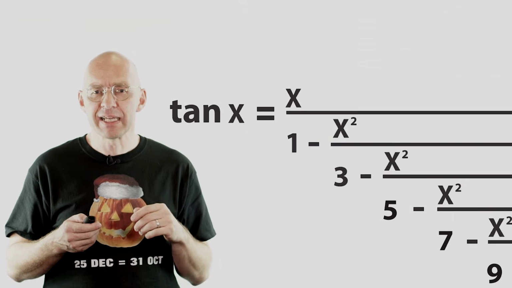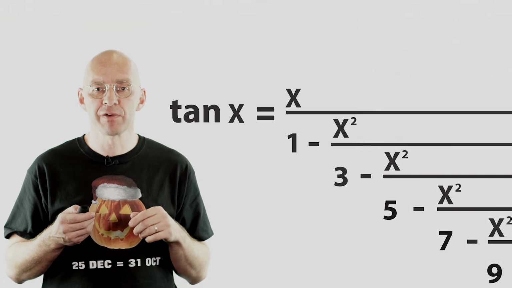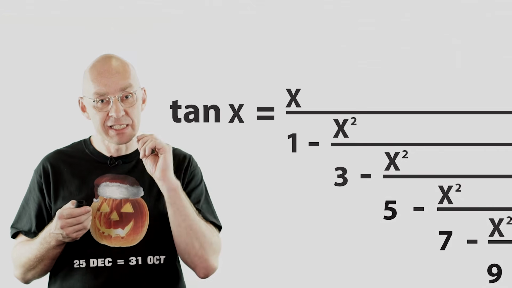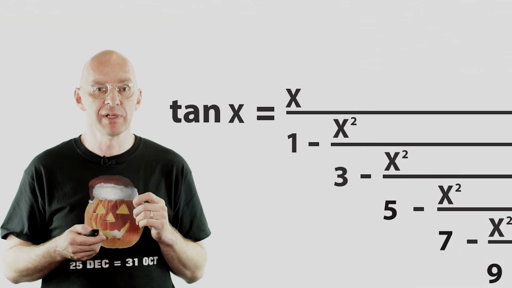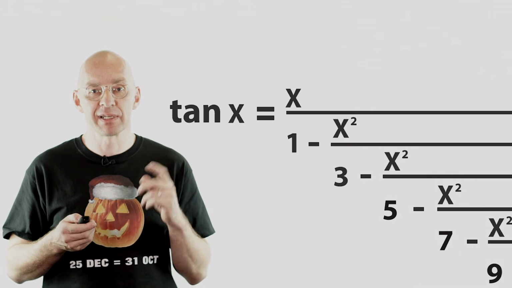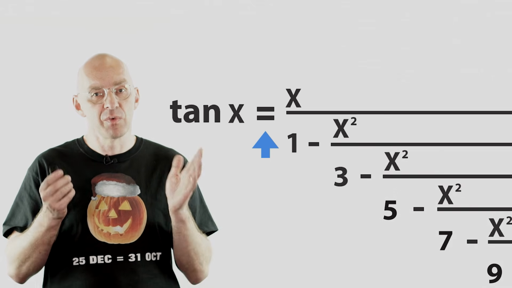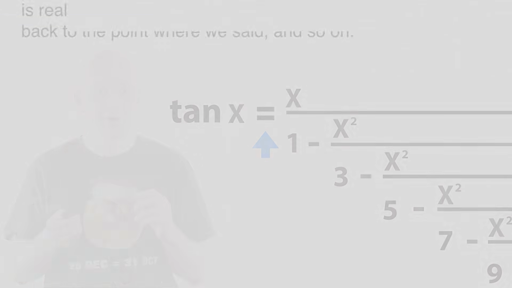However, here's a little bit of bad news. Although Lambert's calculation starts with a valid formula for tan x and ends up with this infinite fraction, and despite what our graphing suggests, we cannot be absolutely sure that the equal sign between tan x and the infinite fraction is really justified. What's the problem? Well, let's just quickly switch back to the point where we said and so on.